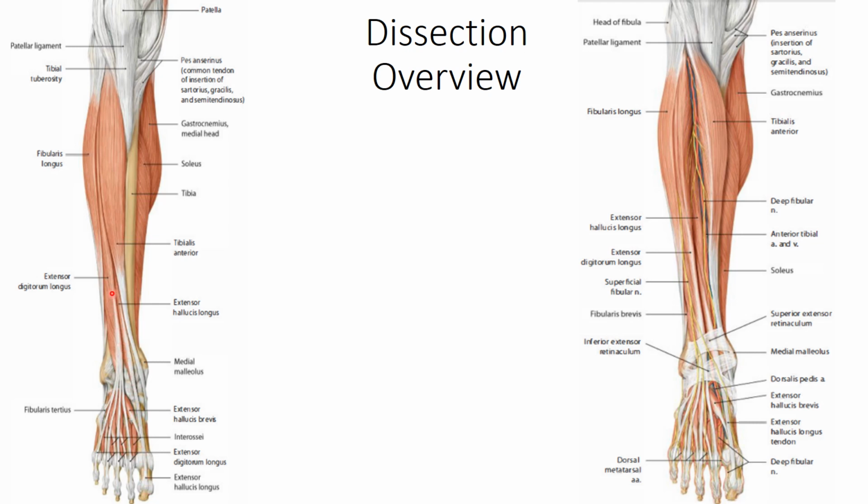Just lateral to this is the tendon of extensor digitorum longus, which divides into four lateral slips, and last is the fibularis tertius, which often appears to be a fifth slip from the extensor digitorum longus. When the tibialis anterior is separated or even removed, then the neurovascular portion is apparent. So here is the anterior tibial artery, and lying just lateral to it is the deep fibular nerve.